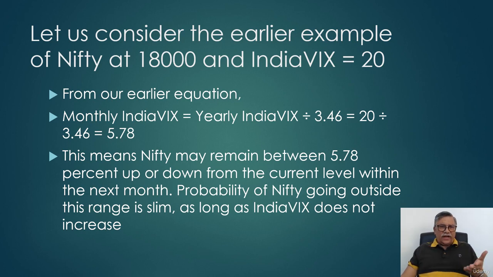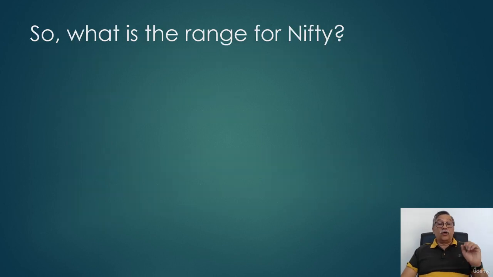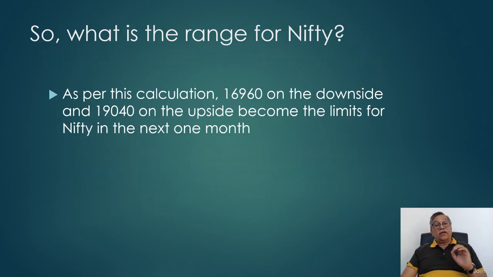All right. So roughly, considering annual VIX is 20, you can say 5.78 down. That is, if today it is at 100%, 94.22% on the downside and 105.78% on the upside from current level. That much Nifty can move according to VIX equal to 20. If VIX decreases, this range will narrow down. If VIX increases, this range may get wider. Okay. So what is the range for Nifty?